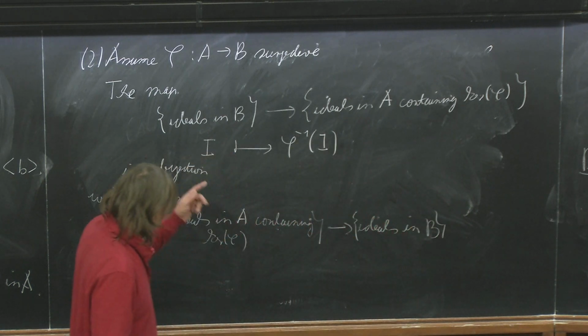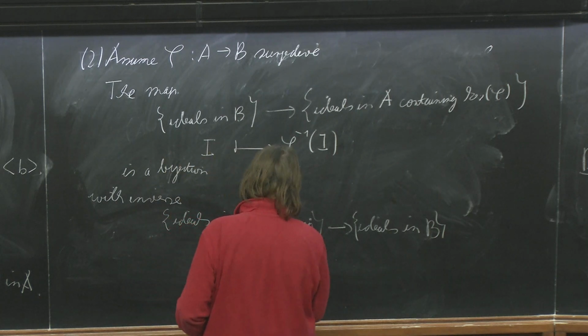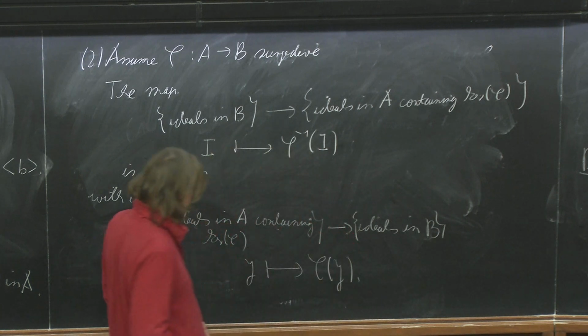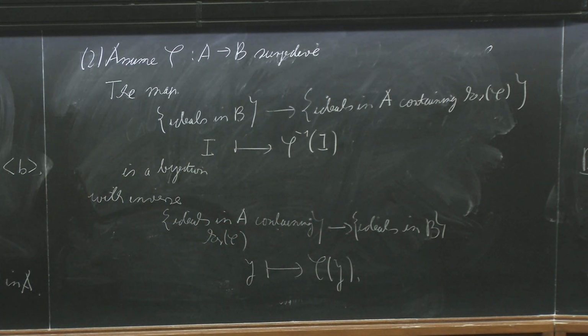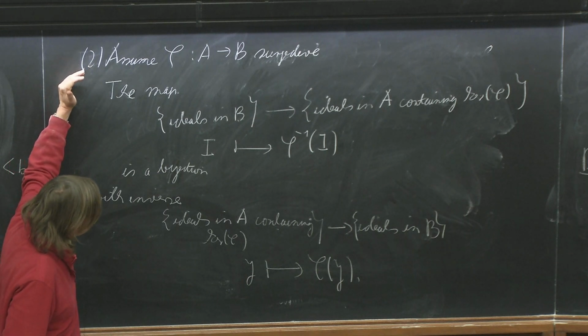You just take the image under the map. So J is mapped to phi of J. Okay, so maybe I will not check this. It's kind of straightforward. You just have to write it all out.